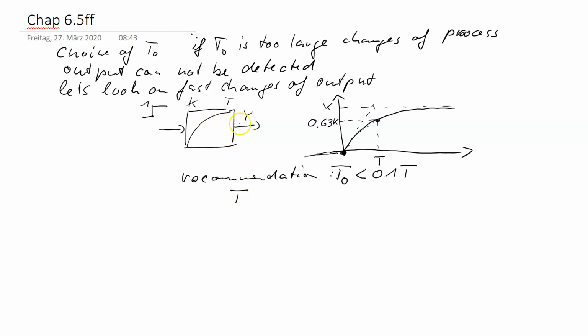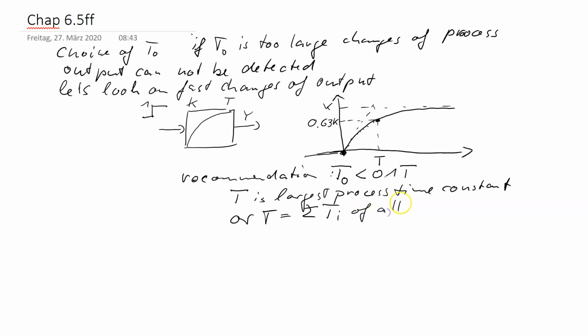If the process has more than one PT1, T is then the largest process time constant. Or if you have several time constants which are really in the same range, sometimes people take the sum of all time constants of all PT1s.